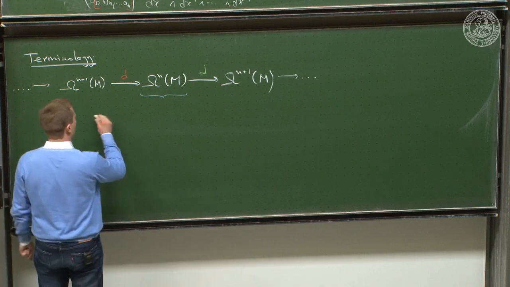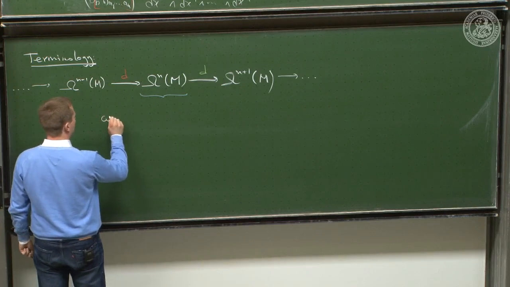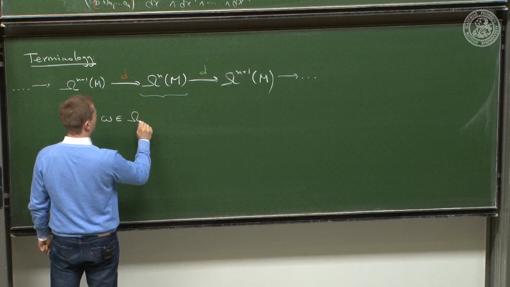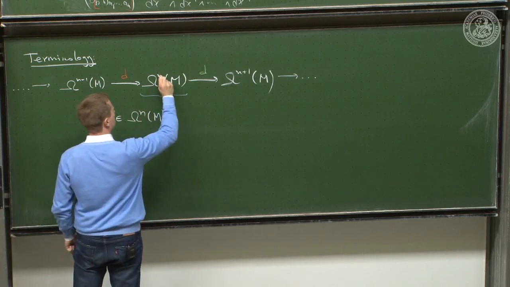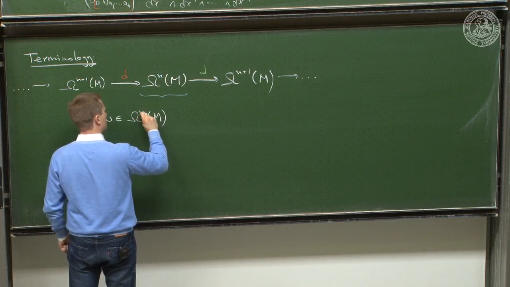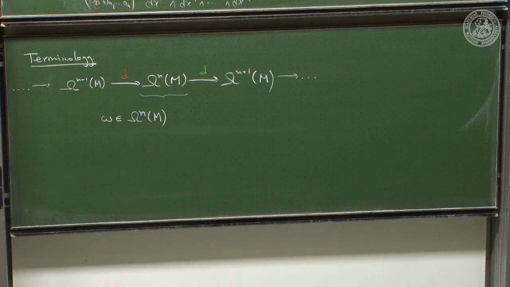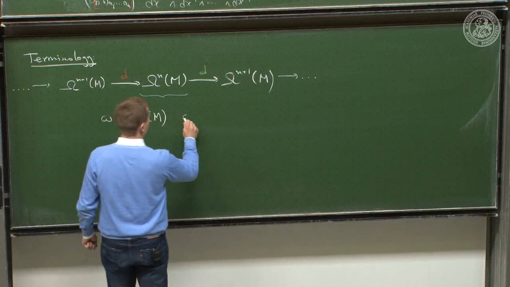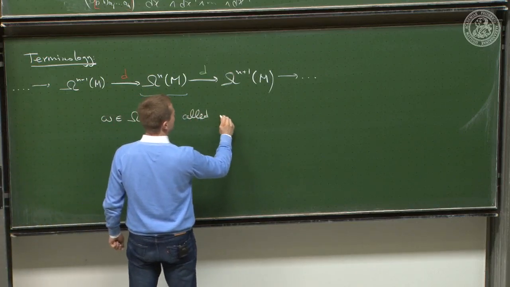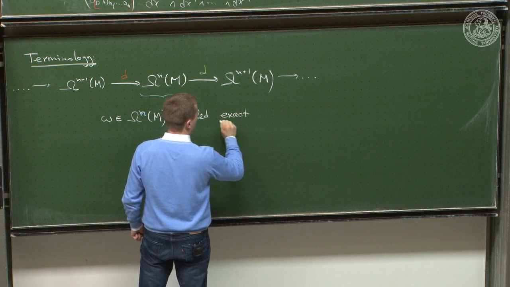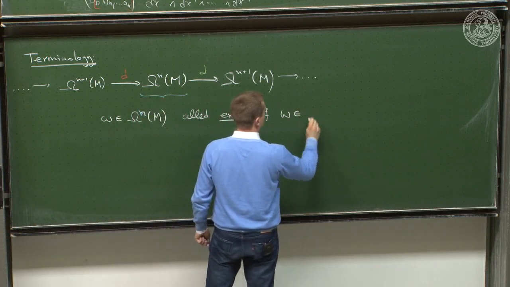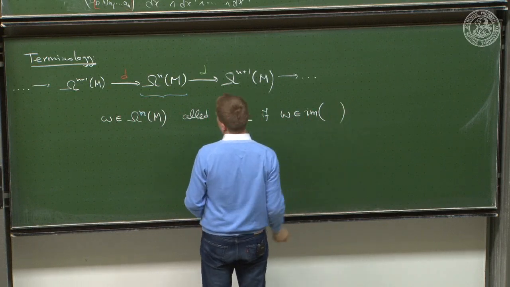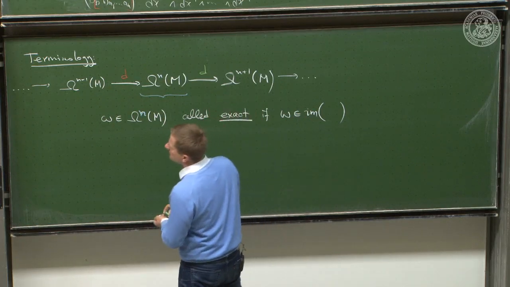So we call an omega in omega n of m, in this blue space here, an n form called exact if this omega lies in the image of the red one.